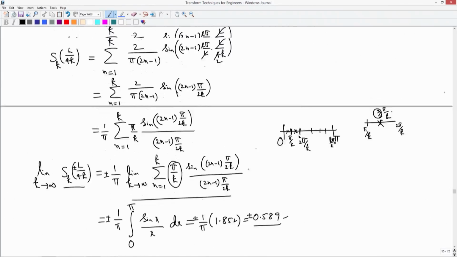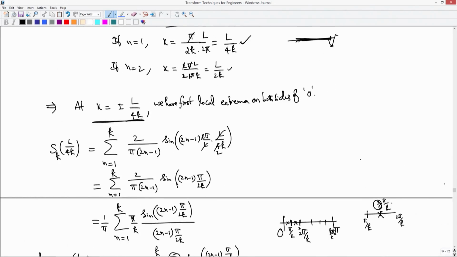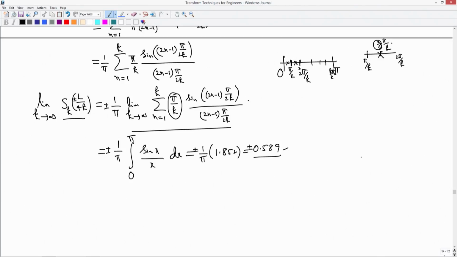So, on one side you have 0.589 something, and here minus 0.589. So, as k goes to infinity, you end up with this instead of 0.5 at this value L by 4k.